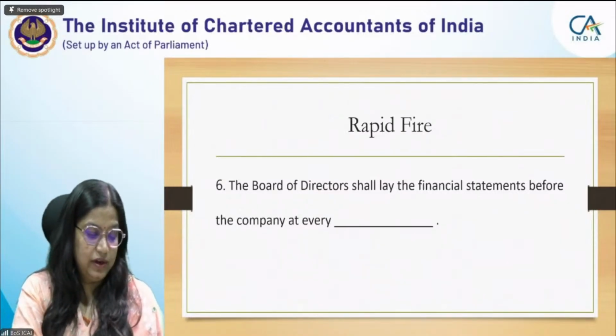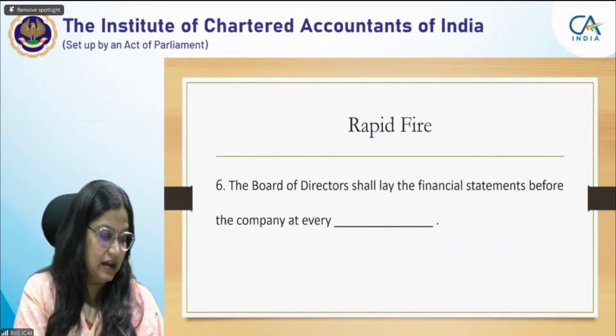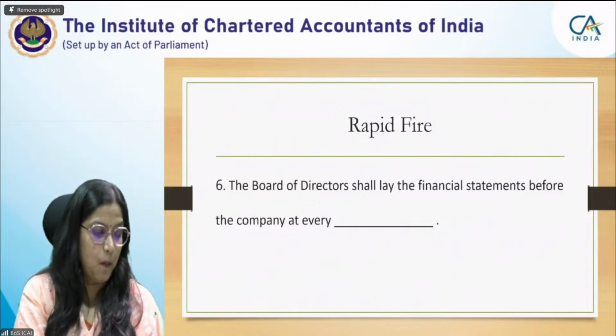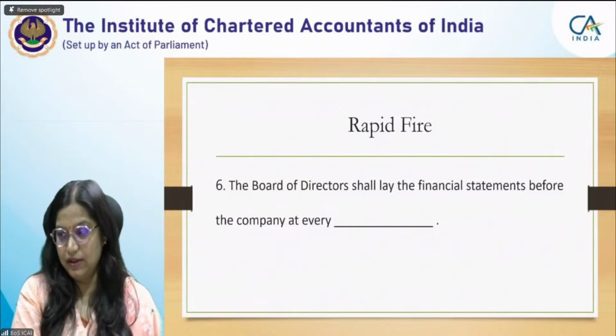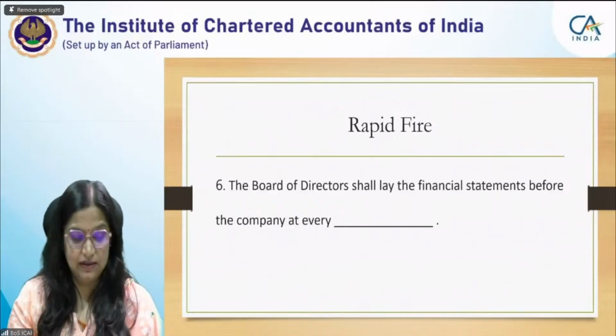The students who are writing the answers, if possible, kindly write the relevant section numbers and write all the answers at one place, like 1, 2, 3, 4, 5, 6, 7, 8, 9, 10.